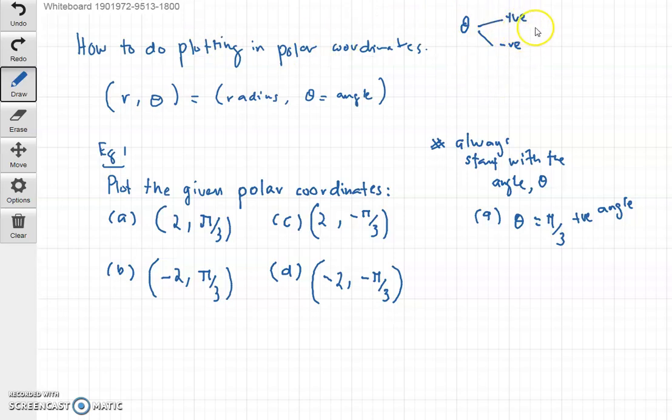For the positive theta, basically we are going to use the counterclockwise direction, or anti-clockwise.